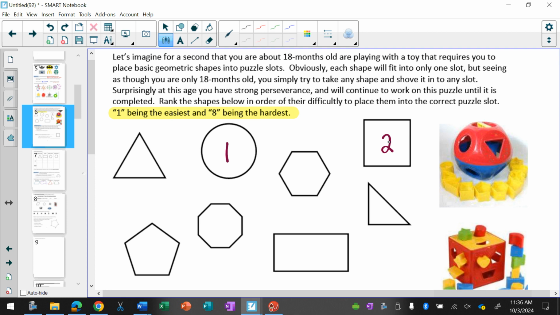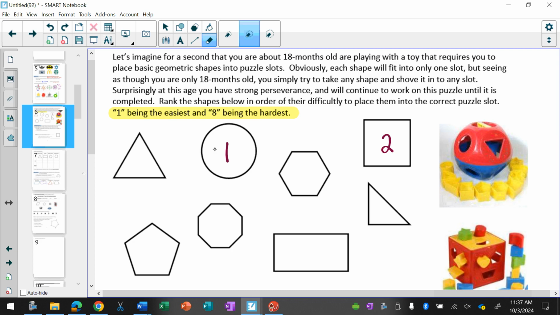And then from there it goes all over the place. But some people will pick the triangle, the third, the rectangle, and so on and so forth. But I want to focus on 1 and 2. Like I said, I've been doing this for a bunch of years, and most of the time people will come up with number 1 as the circle.